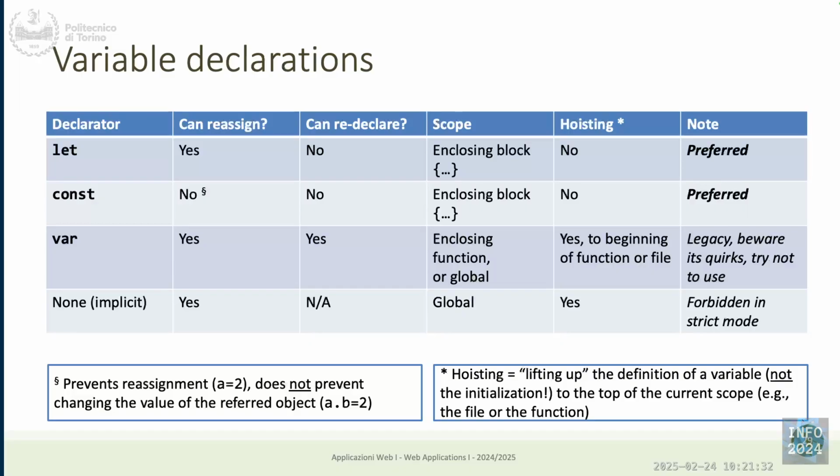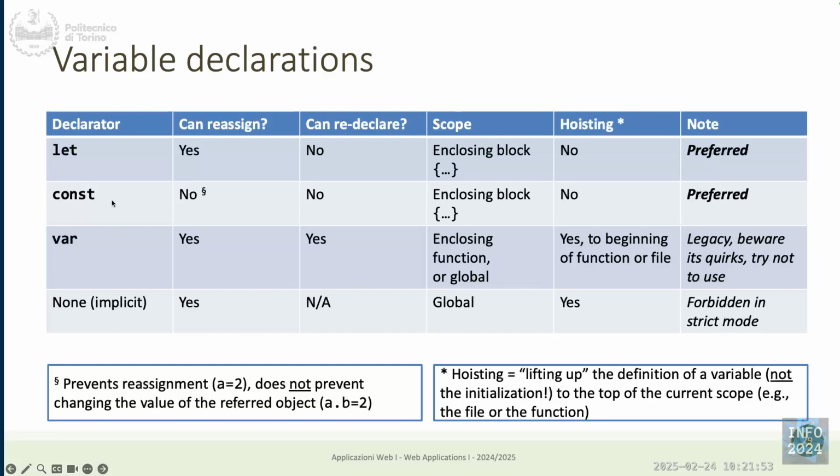The semantics is much clearer with let and const. Okay, a variable is declared in the point, starts to exist in the point in which it's declared, and it ceases to exist when the enclosing block is finished. Okay, with the square braces.